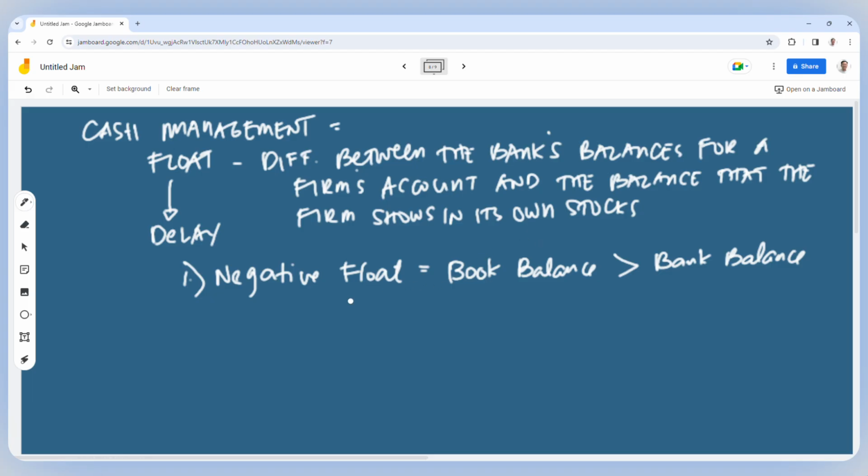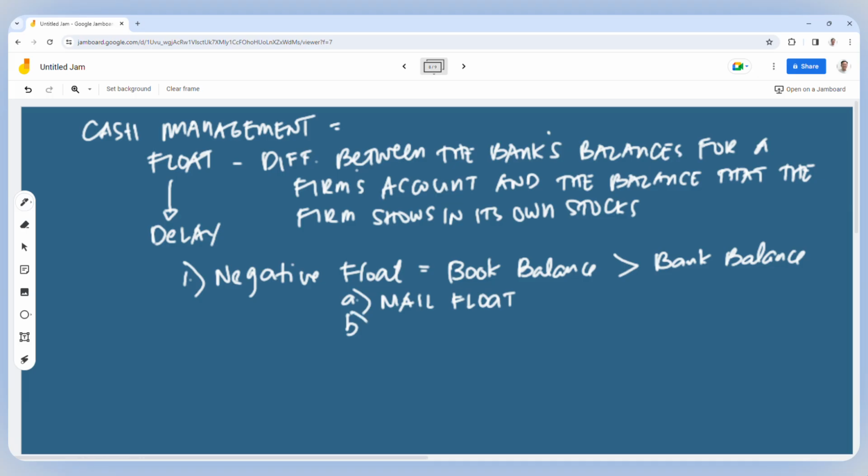Because of number 1, or letter A, yung mail float. So what do you mean of mail float? No? Ibig sabihin, peso amount of customers' payment that have been mailed by customer but not yet received by the seller. Ibig sabihin, there would be delay. No? Hindi pa nakakarating sa'yo. Ibig sabihin, mas malaki talaga yung book mo with the bank.